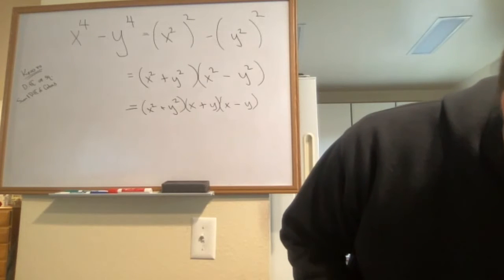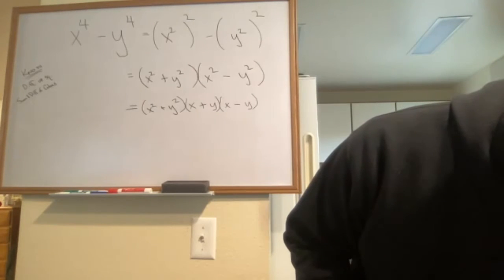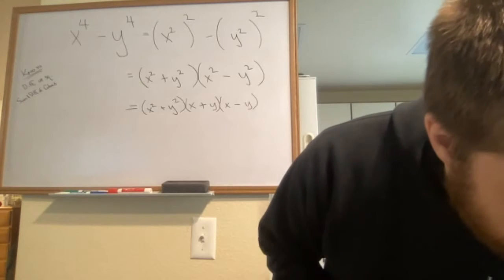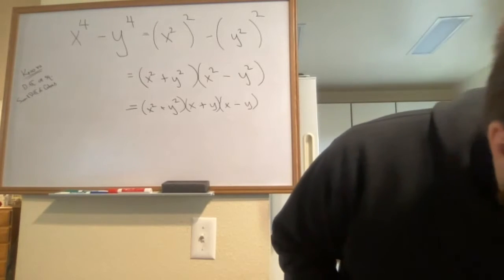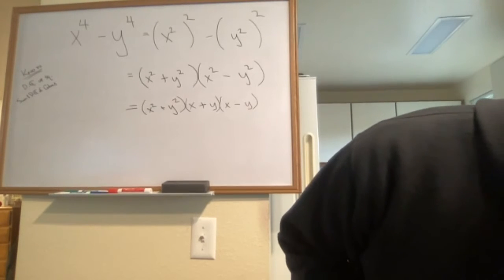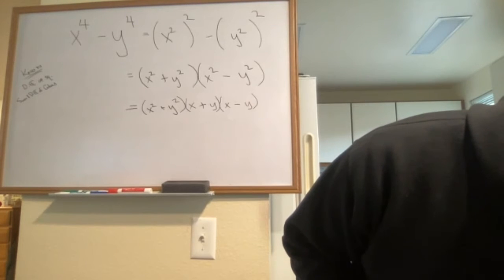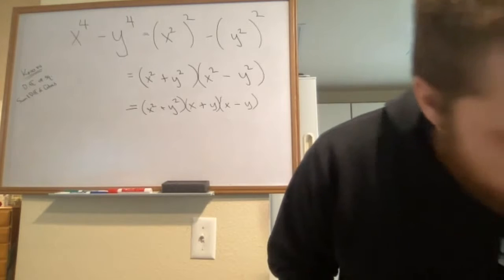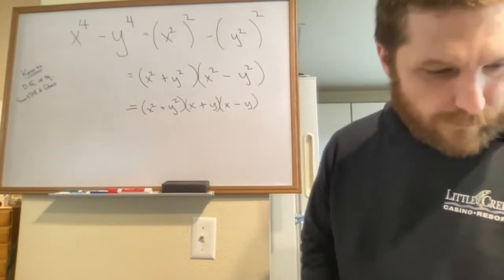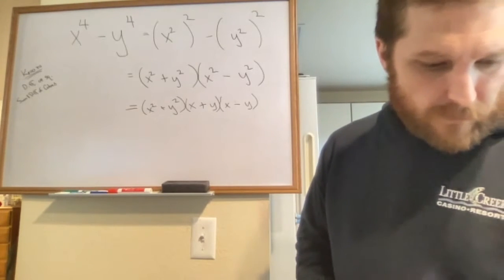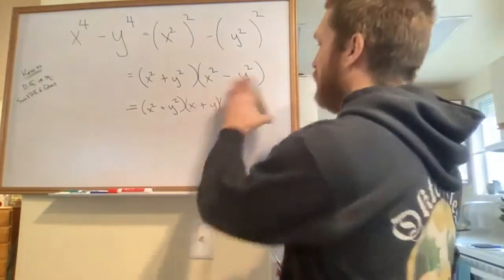On this, some good practice would be, oh, I had them. Where did I write these? So a good one to practice on, actually, we'll just do this one right here.